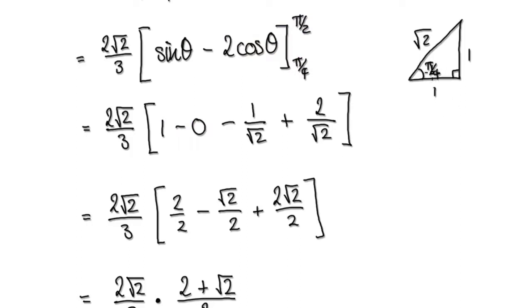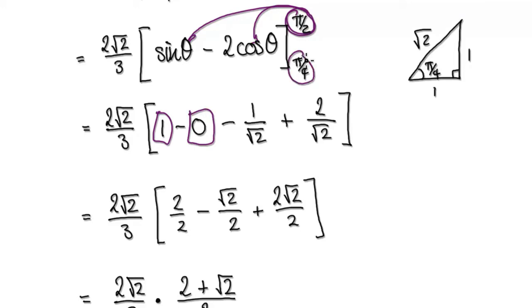Well, pi over 4 is 45 degrees. So you've got to think of a right angle triangle, 1, 1. That's 45 degrees. And then using Pythagoras, this will have no choice but to be root 2. So let's start again here. This into here would give you 1. Put this into here, that will give you 0.